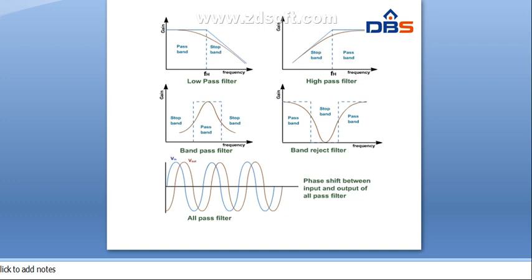See the ideal and practical characteristics of the band pass filter. It allows the frequencies between FL and FH, and it attenuates the frequencies less than FL and greater than FH. So that is about the band pass filter.